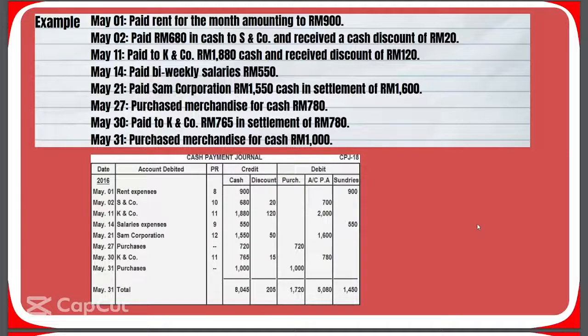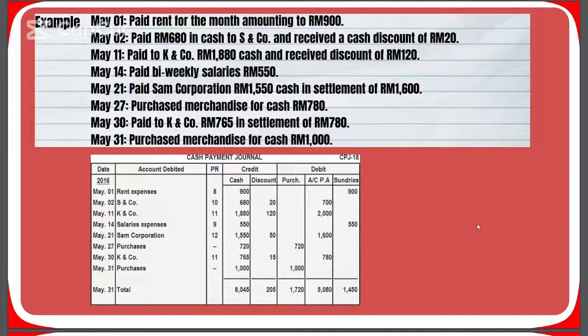Okay, first you write the date, first 1 May, and you write rent expense because paid for the rent expense, and you write amount 900 ringgit at credit and debit, and you make no change.